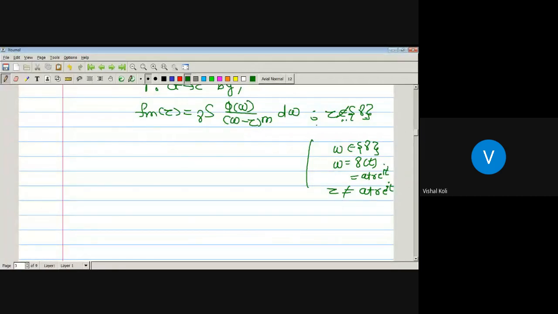W belongs to trace of gamma and Z belongs to G, that is, C minus trace of gamma. As these two points belong to different sets, W cannot be equal to Z. Hence, the given function Fm is well defined, as Z does not belong to trace of gamma.